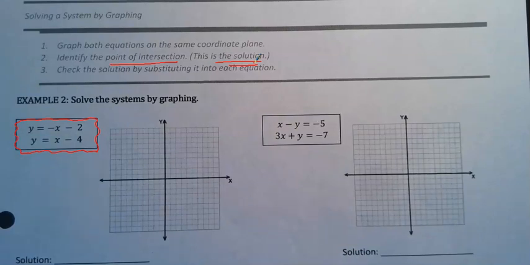Now, the nice thing on example 2a, these are already in slope-intercept form, so they're very simple to graph. We look at our b, -2. So I go to -2 and put my point. It's my y-intercept. My slope here is -1. So I go down 1 and over 1, or I'm going to go down 3 and over 3 to spread out my points.